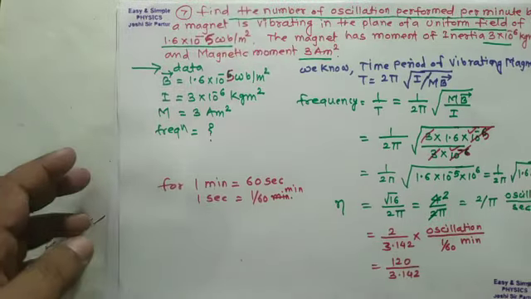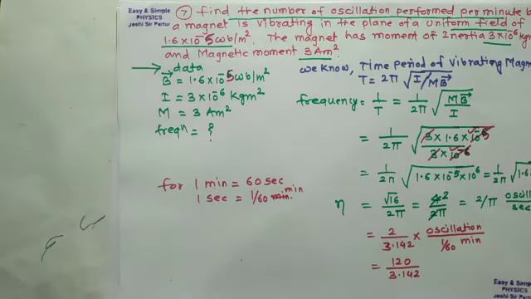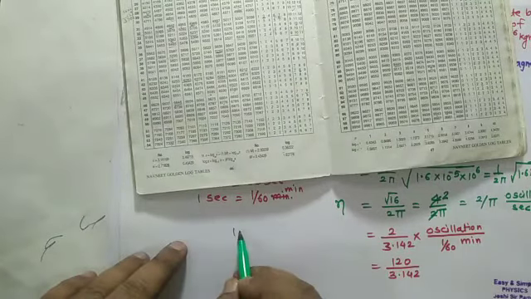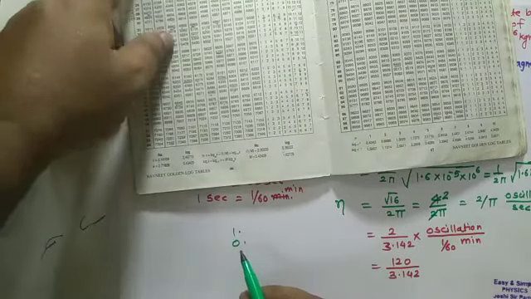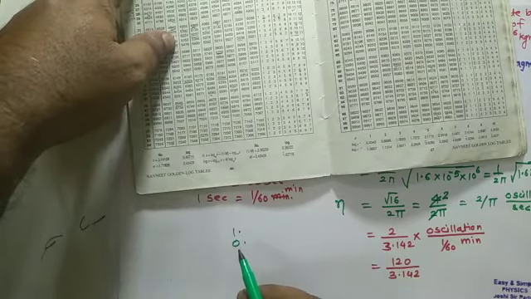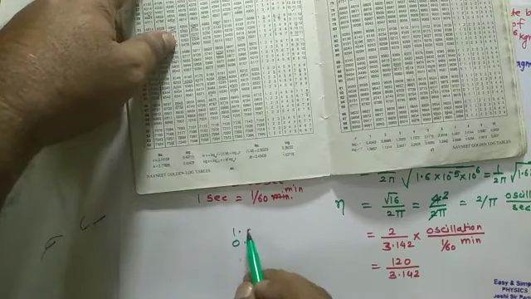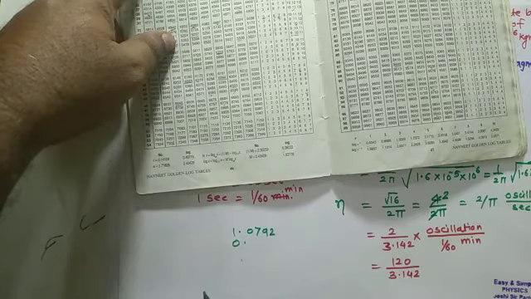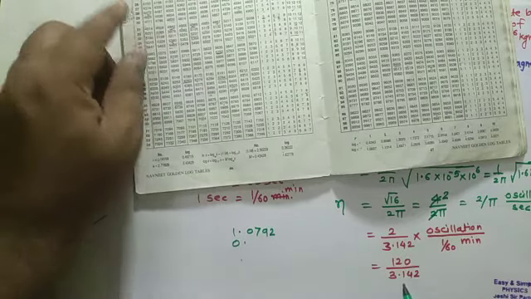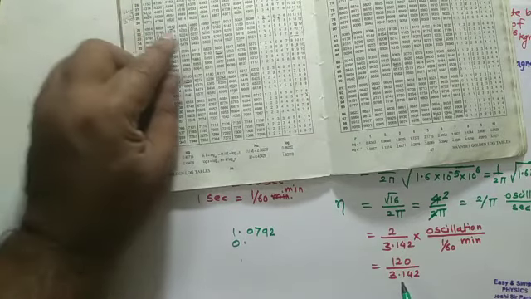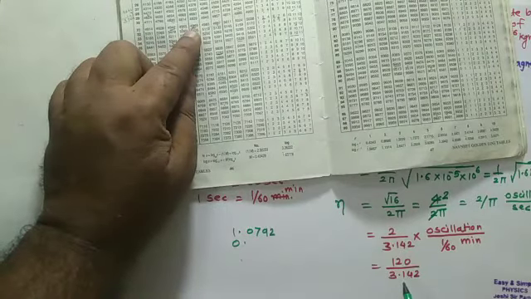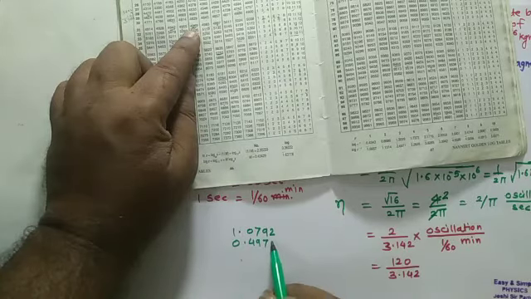If we take log, so log of 12, here the characteristic will be 1. 0.12 in 0 is 0792, and 31 in 4 will be 4969, and 2 in mean difference will be 3, that is 4972.